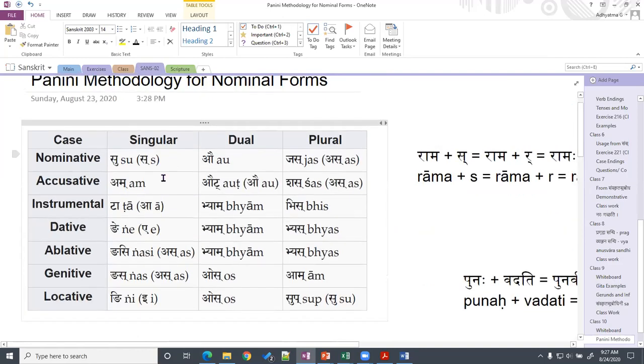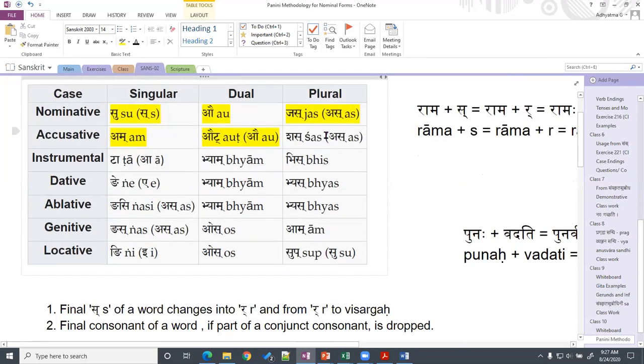One thing here I want to bring to your attention is that some sections have been divided here. So one is these 5, which are one section. And then the suffixes which start with a vowel, like this one, are a different section.